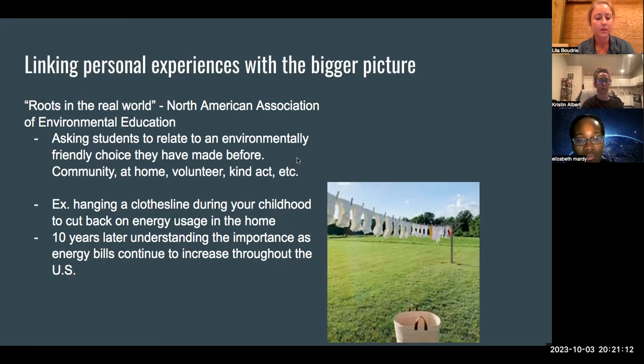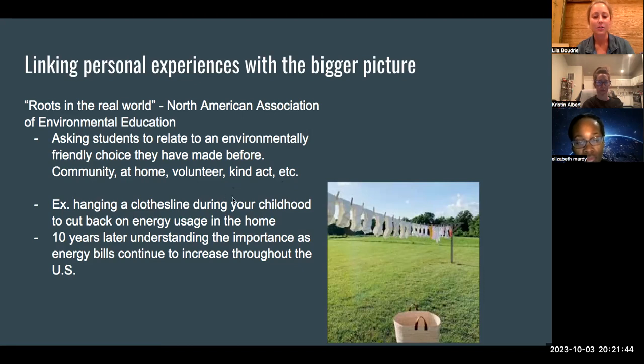So we know that investigating, analysis, and problem solving are most effective when relevant and can somehow be related to a learner's personal experiences in their life. So with that, I have an example of something that you can think of as a child. My parents were always a little bit strict, so I know that we had a clothesline growing up, just one of those things you can do to cut back on energy usage.